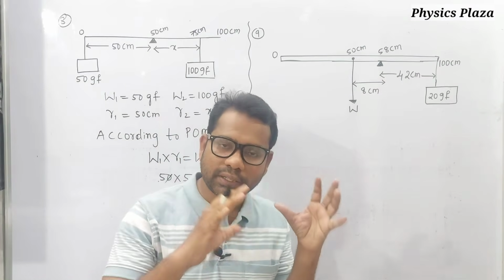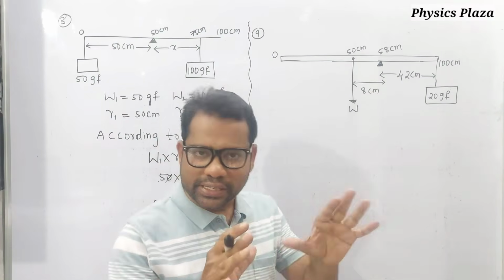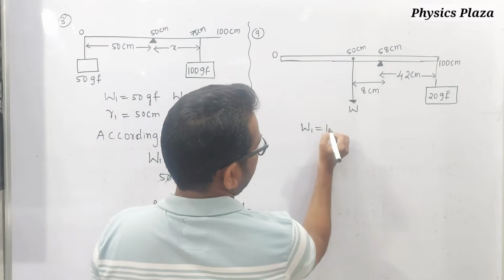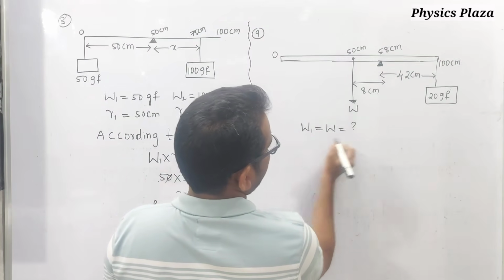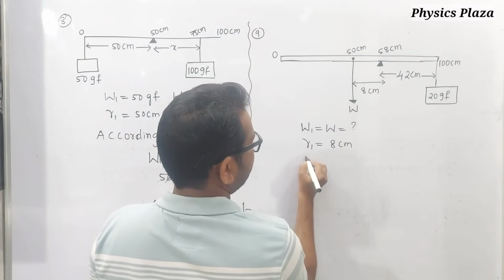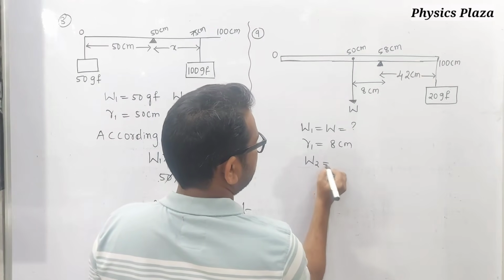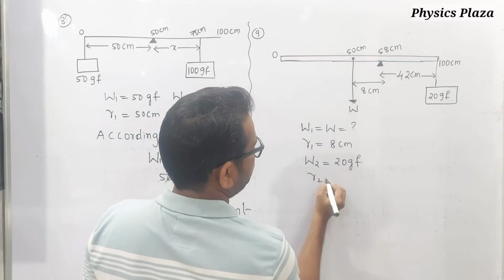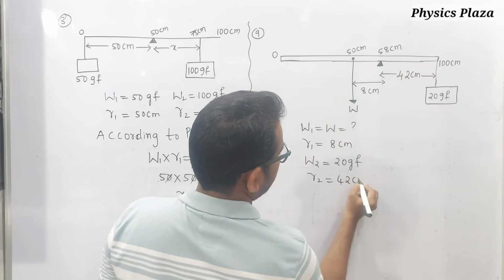Now they are asking us to calculate the weight of the meter rule. It's very simple. Now let us read the data. Let us say W1 is the W to be calculated. Let us say R1 is 8 centimeters and W2 is going to be 20 gram force, and here R2 is going to be 42 centimeters.